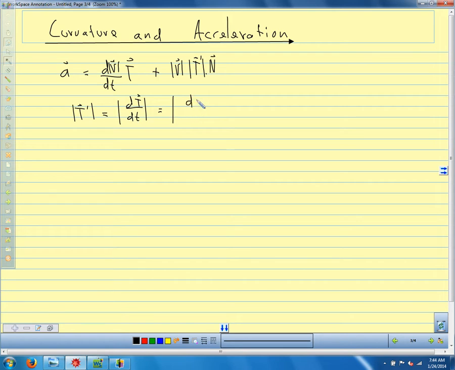So this is the rate of change of the unit tangent vector with respect to arc length times ds/dt. We're using the chain rule there. Well, what was the magnitude of the rate of change of the unit tangent vector with respect to arc length? Anybody remember? Curvature. That's how we defined curvature.